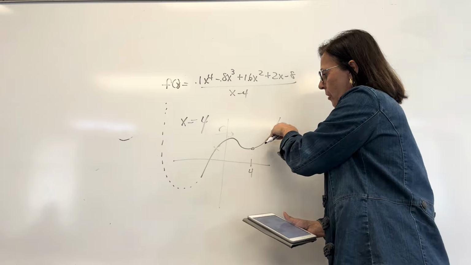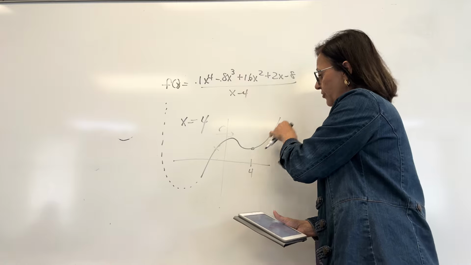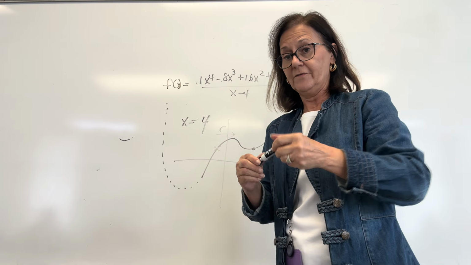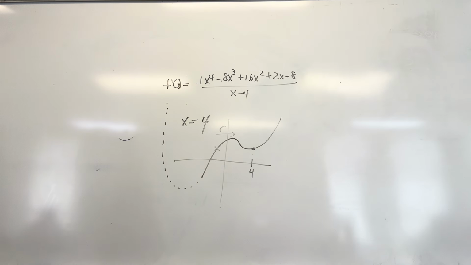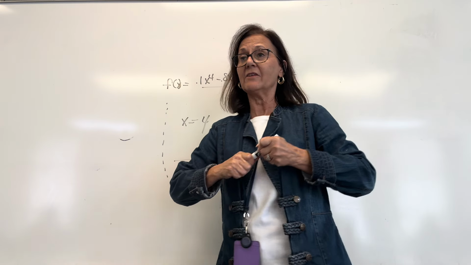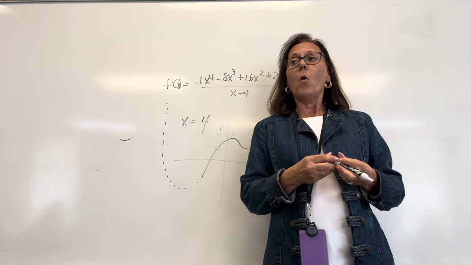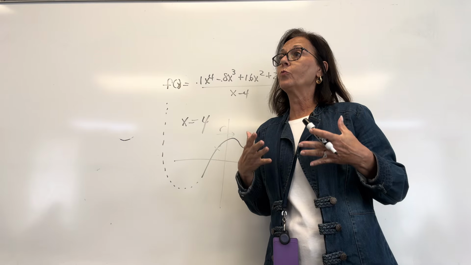And as you approach, when you hit trace, your marker stays on the curve. And you can approach 4. We could ask ourselves, if 4 was in the domain, see, 4's not in the domain, but what is the behavior of the graph around 4?